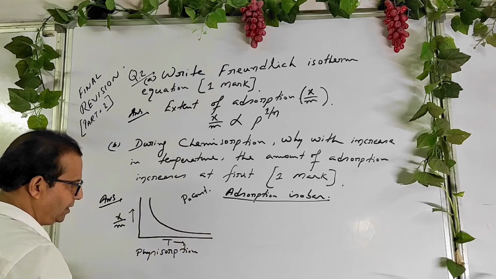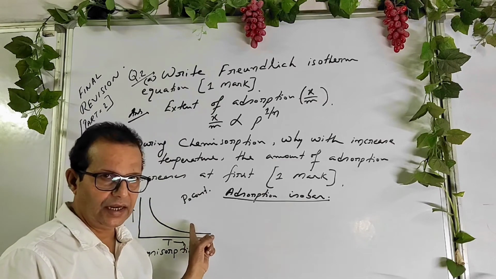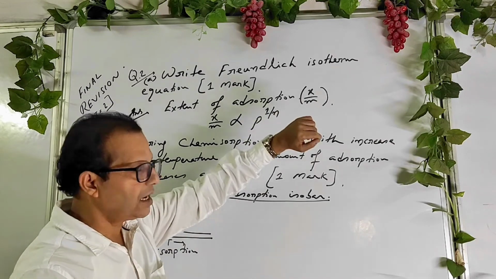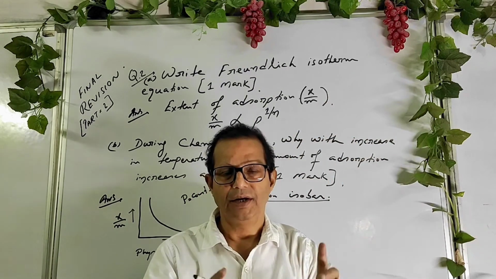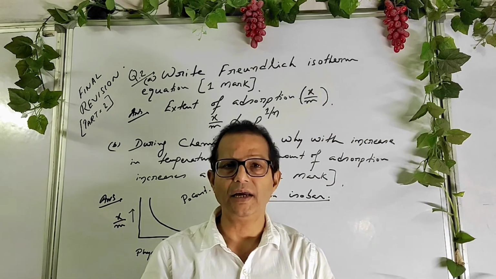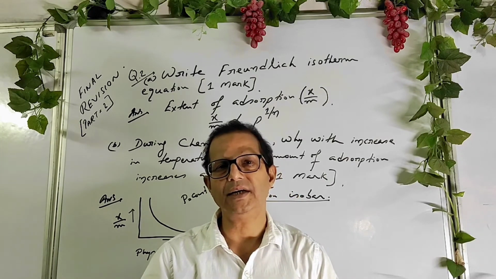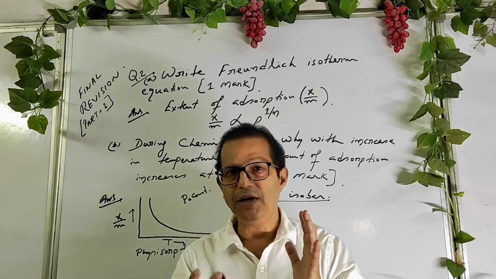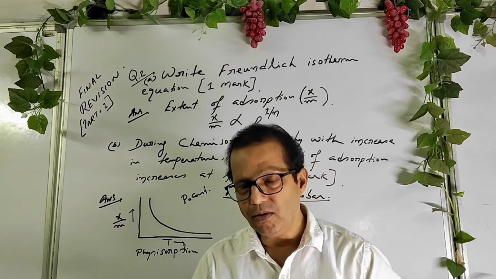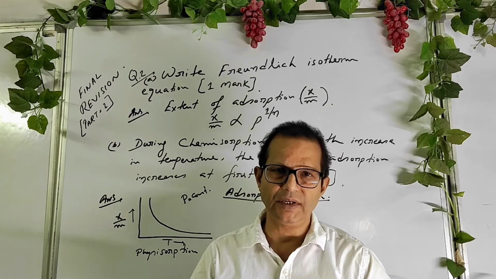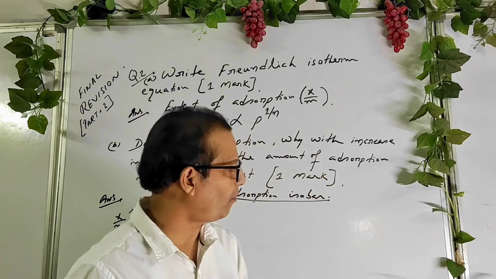Can you tell me why? Because during physical adsorption, the attraction forces between the adsorbate and adsorbent are very weak, like van der Waals attraction force. So if temperature increases, the adsorbate molecules go far. That's why the amount of adsorption decreases with increase in temperature.